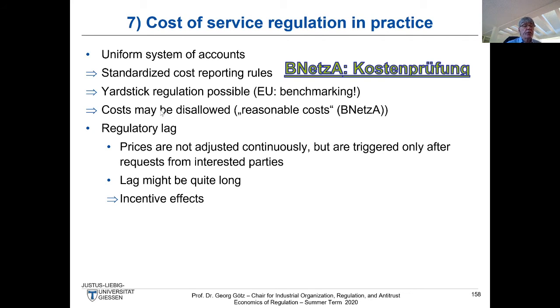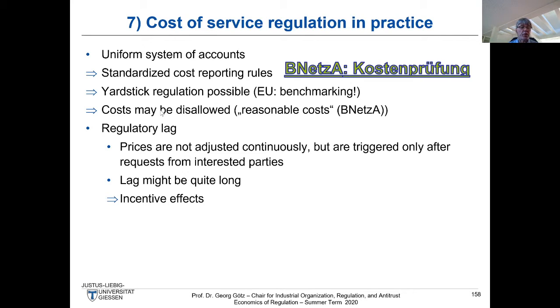Another point is that cost of service regulation typically faces some regulatory lag, because prices are not adjusted continuously. If there's a cost increase next week, you will not get refunded from next week on; there's typically some lag.